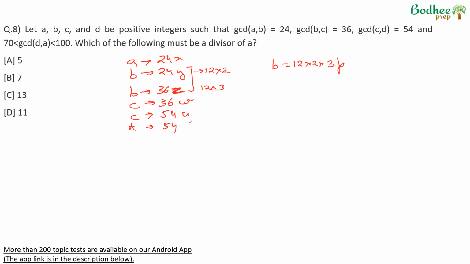Say U and V. If we combine these, we can say this is 18 into 2, 36, 18 into 3, 54. So C has to be 18 into 2 into 3 into say Q. The GCD of D and A lies between 70 and 100.